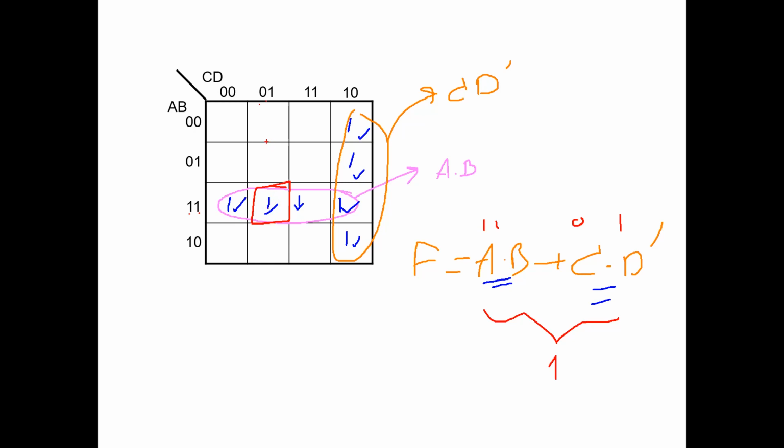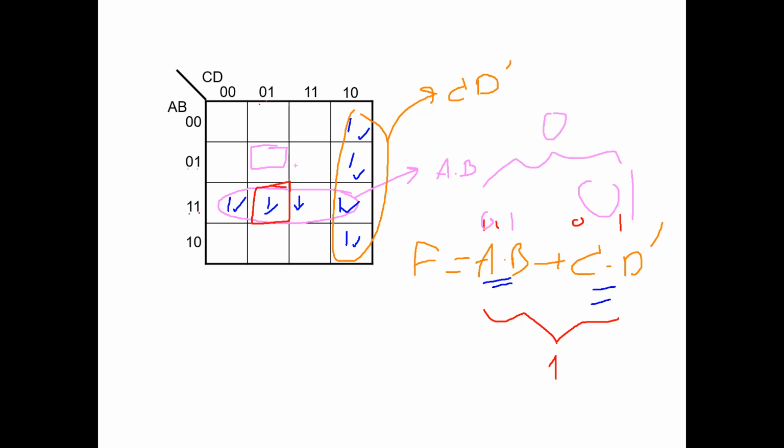How about this cell? For example, this cell. The input of this cell is 0, 1, 0, 1, right? If you apply A, B, C, D with 0, 1, 0, 1, how about the result? It becomes 0, right?